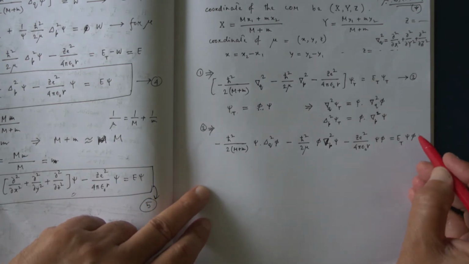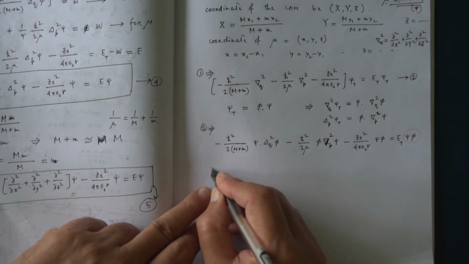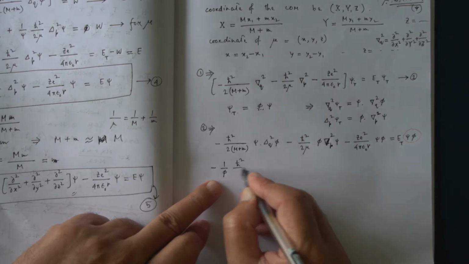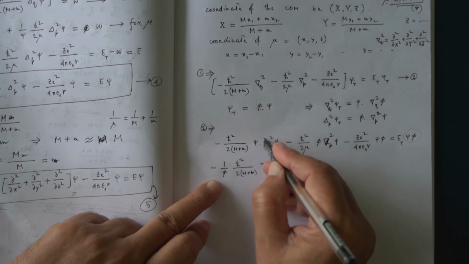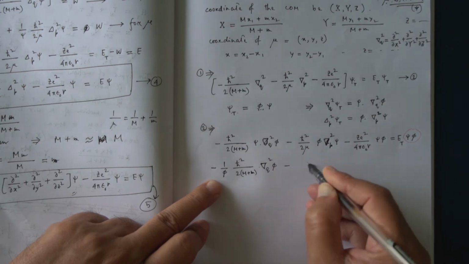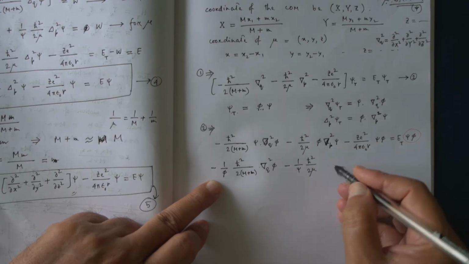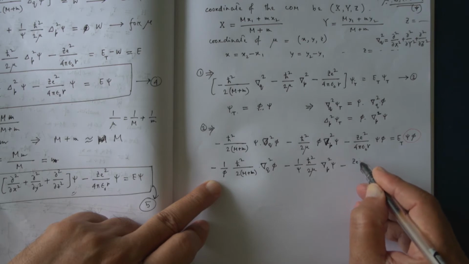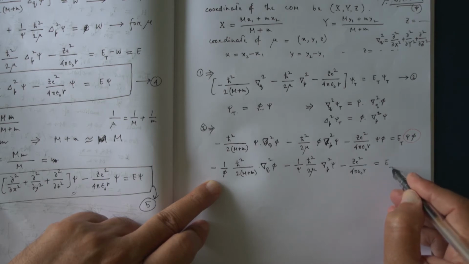Now dividing both sides by this, what we get is minus 1 by phi h bar square by 2m plus m del q square phi minus 1 by psi h bar square by 2 mu del p square psi minus z e square by 4 pi epsilon naught r equal to et.